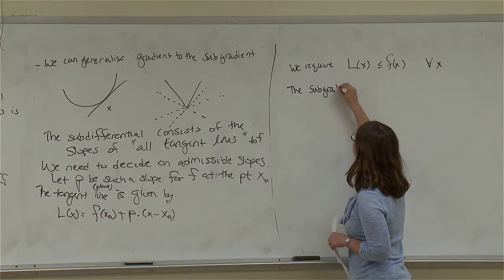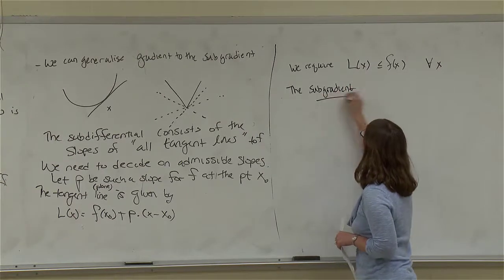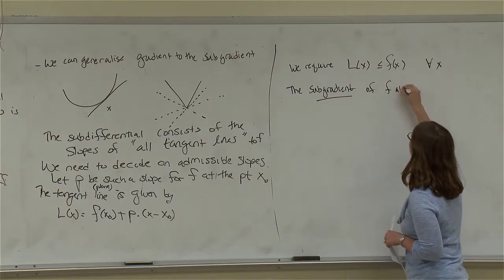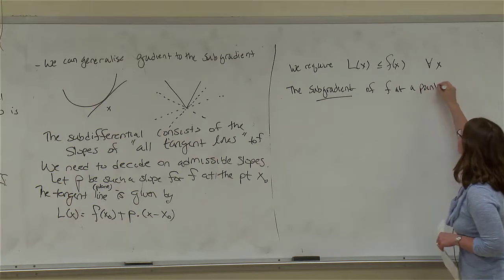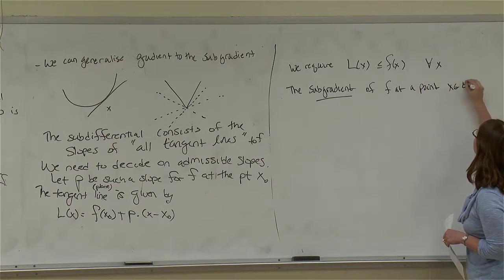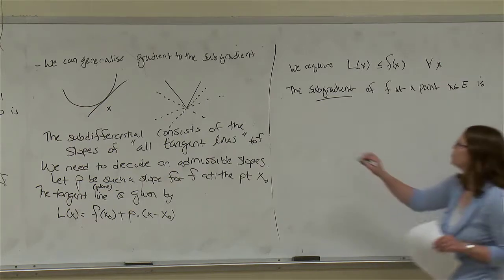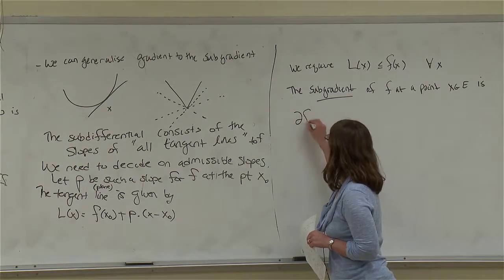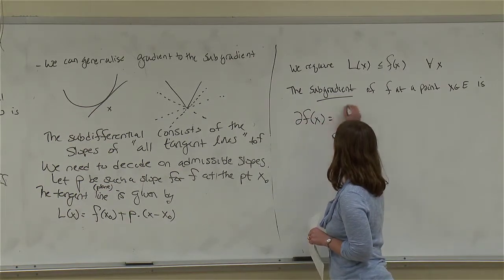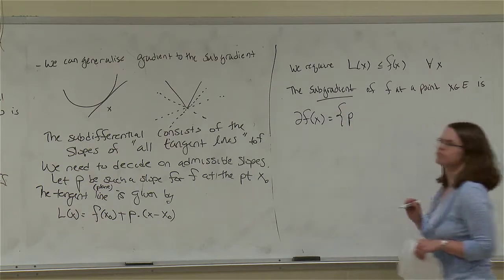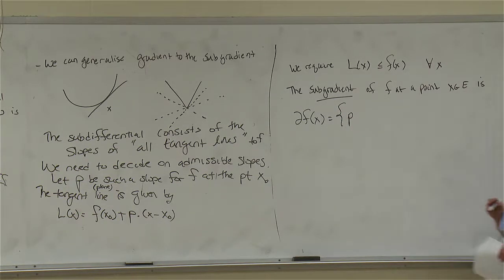So the subgradient of f at a point x in the domain is, now again, it's a set, and it's this set. So we're going to write it, this is our notation. So it's the set of all slopes that make this work.